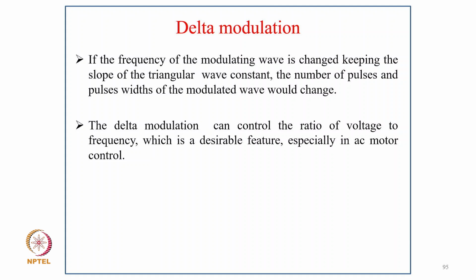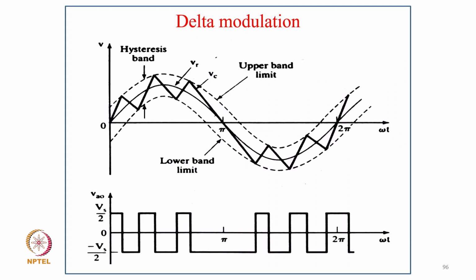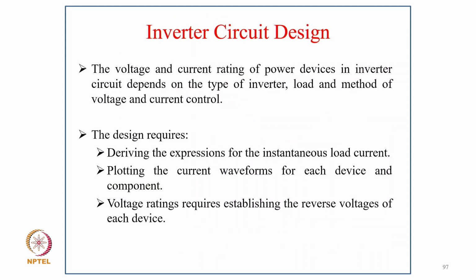So if the frequency of the modulating wave is changed, keeping the slope of the triangular wave constant, the number of pulses and the pulse width of the modulation wave would change, and delta modulation can control the ratio of voltage to frequency, which is a desirable feature, especially in case of AC motor control. And you can clearly see how the delta modulation with the hysteresis band upper and lower works, and how the gating pulses are generated.